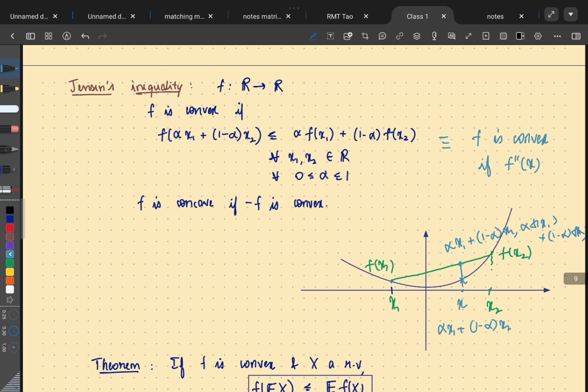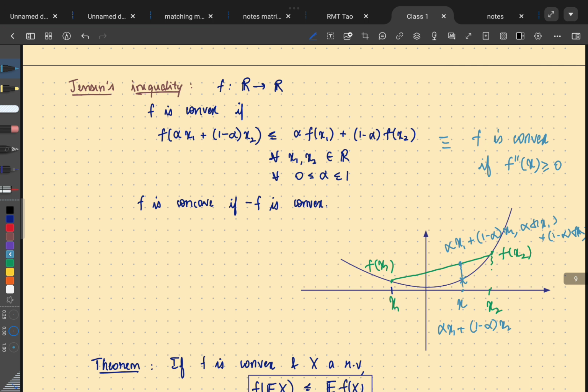Right? So take an example of a convex function. What's the most common example you can think of? f of x is equal to x squared. What is the second derivative? Which is positive, so the function is convex.